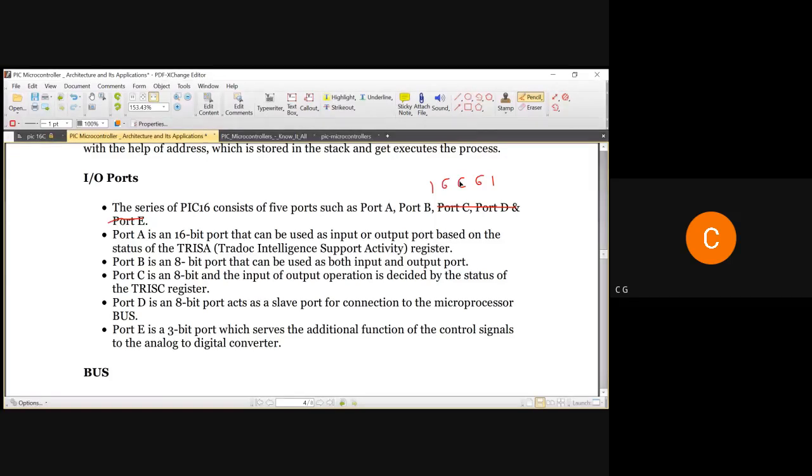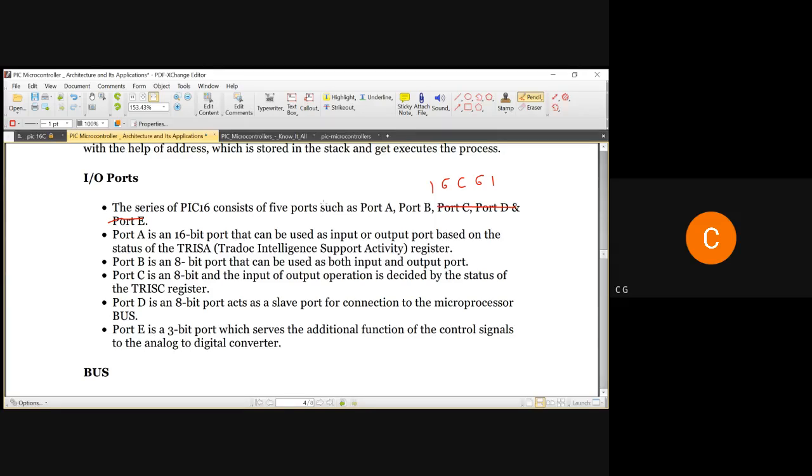From 62 onwards there are port C, port D, and then for the higher number of the processor with extra pins, port E and other ports are available. So this is the one thing.